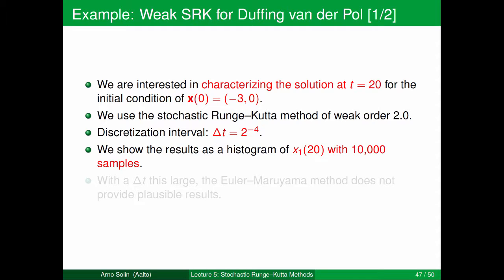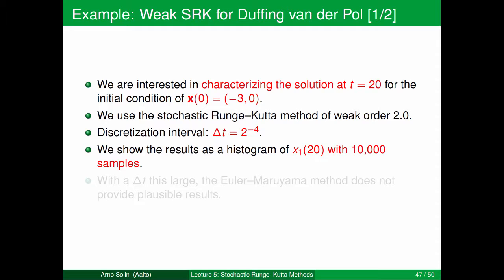And what we are interested in this example is the histogram of solutions at time t equals 20. So basically we are interested in where the solution trajectories end up after 20 time units.